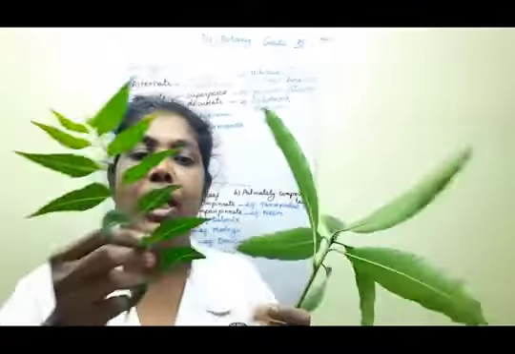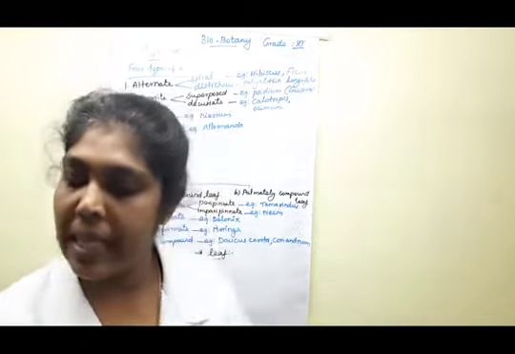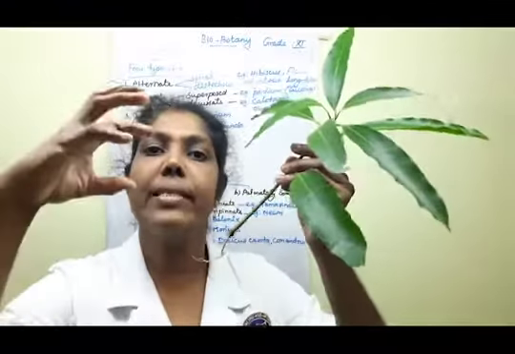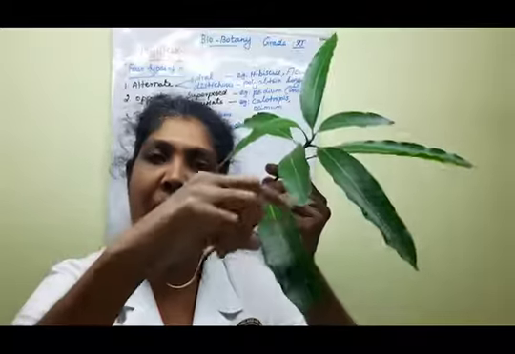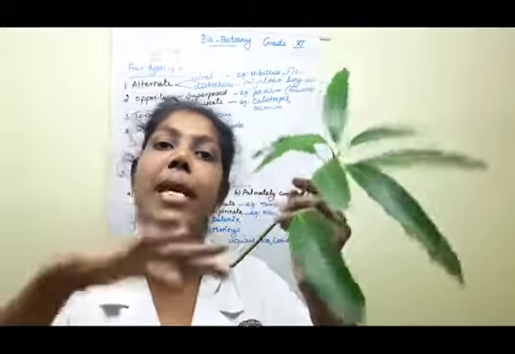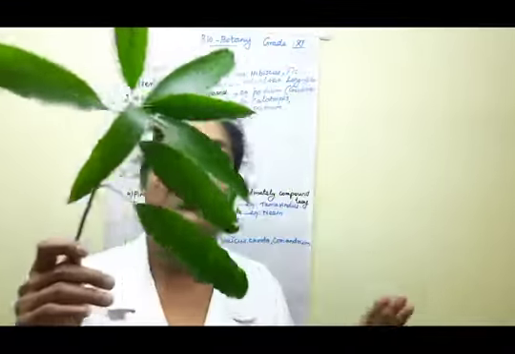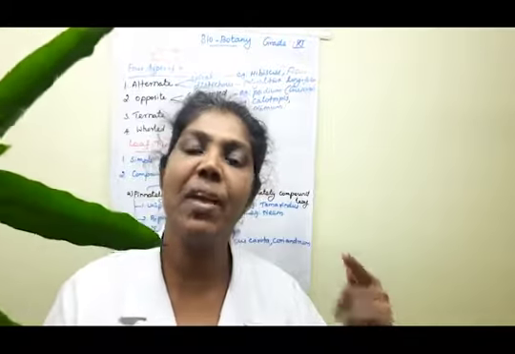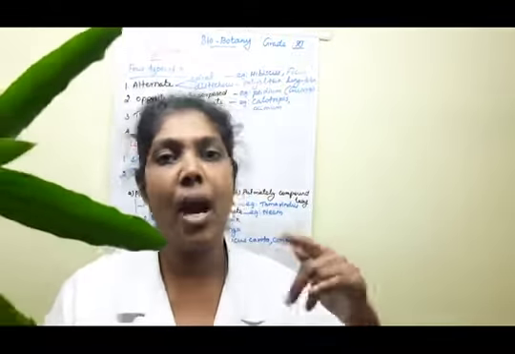Based on how many segments or components are present in the leaf lamina region, leaves are divided into two types: simple leaf and compound leaf.